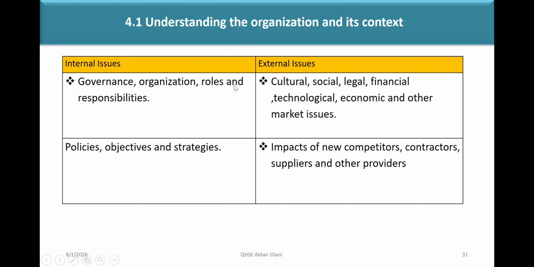Internal issues: governance, organization, roles and responsibilities, policies, objectives and strategies. External issues like cultural, social, legal, financial, technological, economic and other market issues, and the impact of new competitors, contractors, suppliers and other providers.